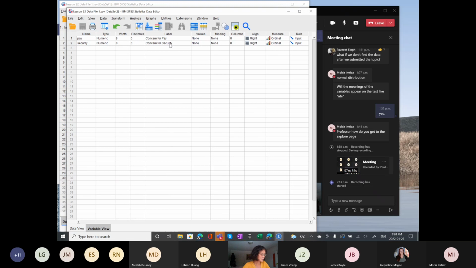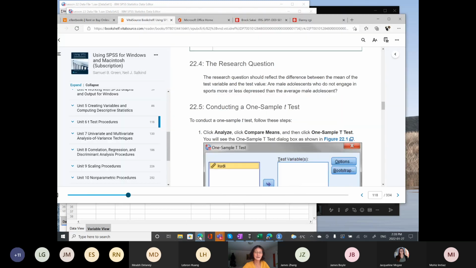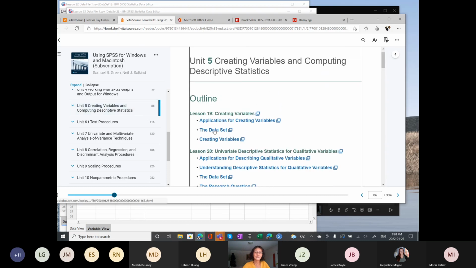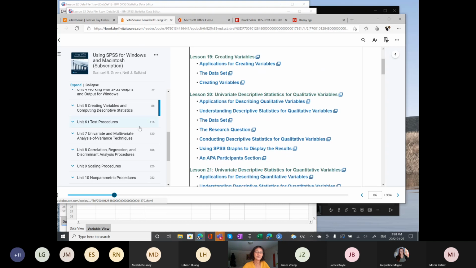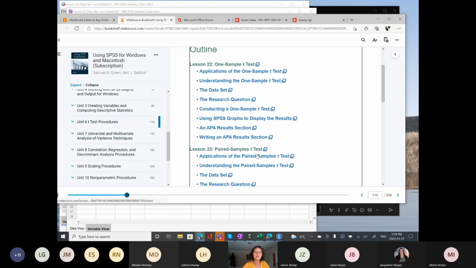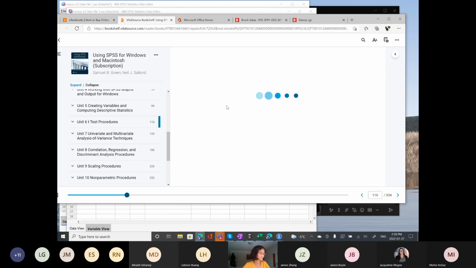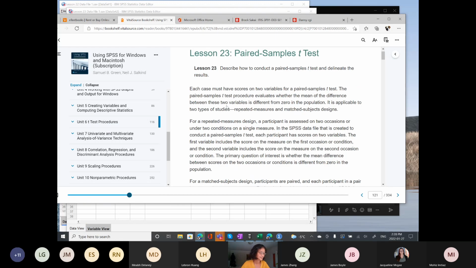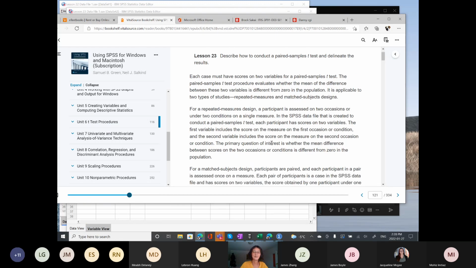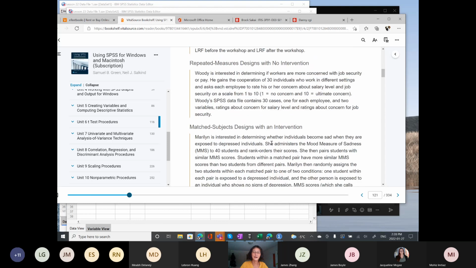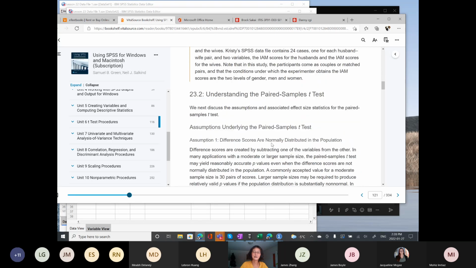All right. So what is the research question here? So you have those data. What is the research question here? Let's go to lesson 23. So we get the data, two variables.